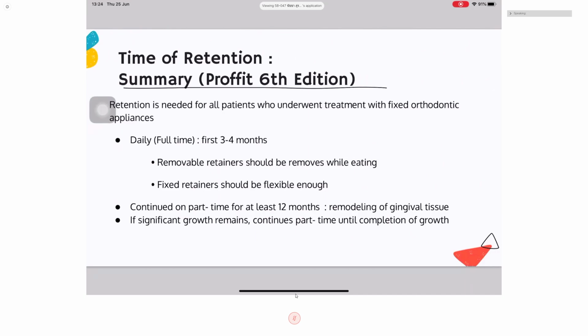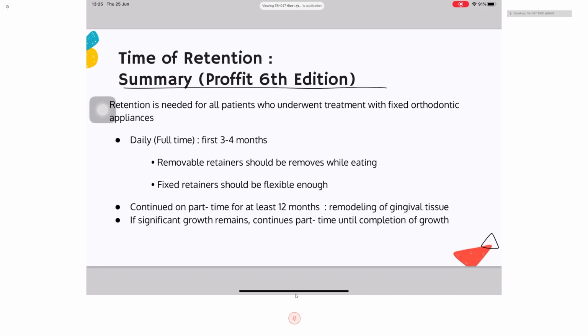Alright, summary for the time of retention. Retention is needed for all patients who underwent treatment with fixed orthodontic appliances to correct intra-arch irregularities. It should be daily, essentially full-time, for 3 to 4 months.